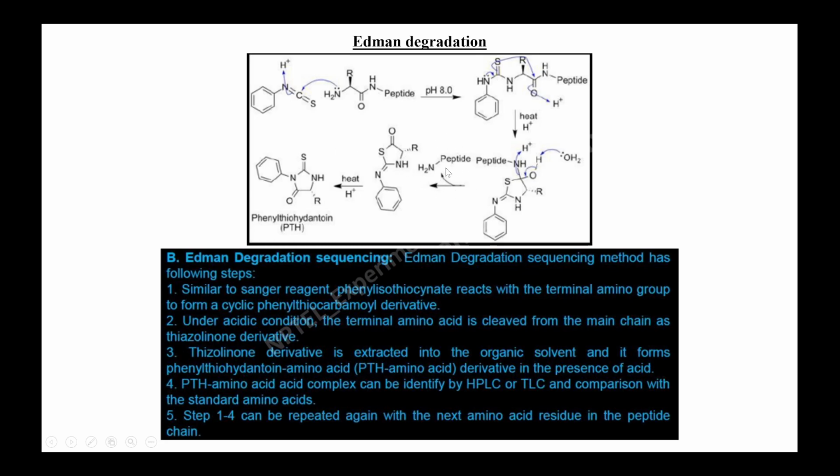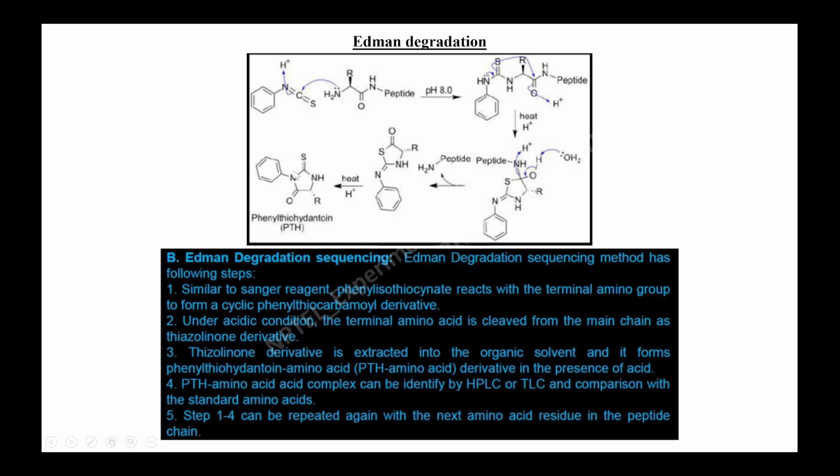Take the new N-terminal, and now this will have different R groups. So phenyl thiohydantoin will have different R groups for different amino acids.